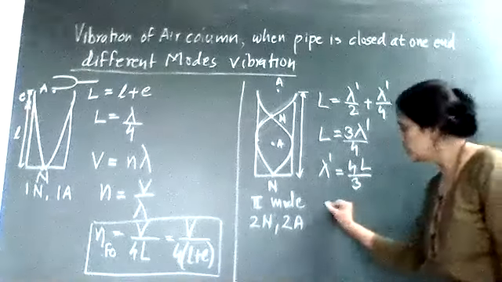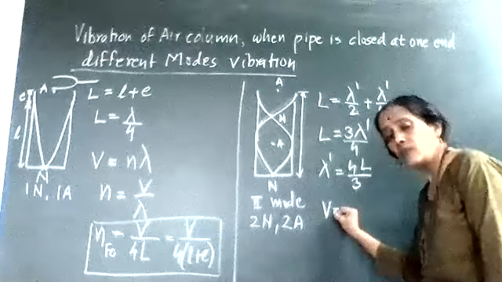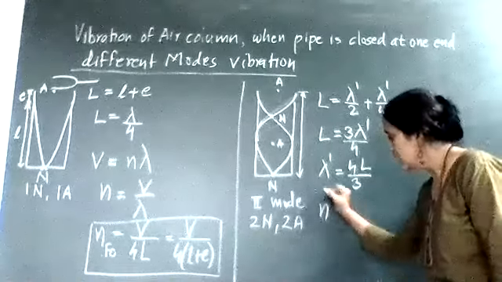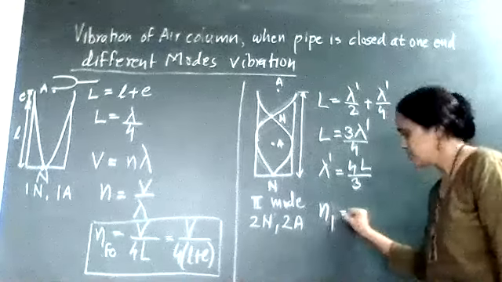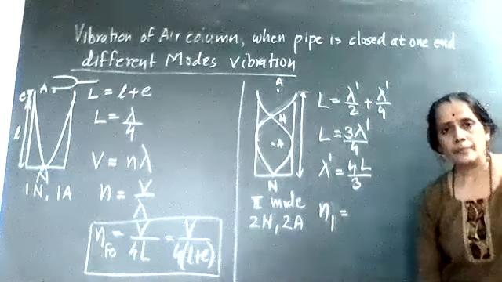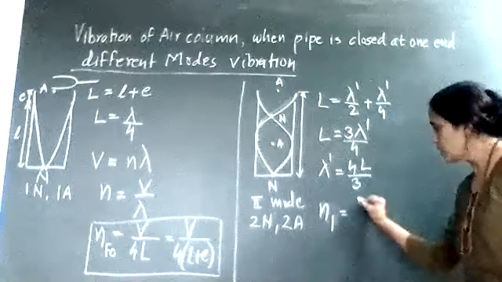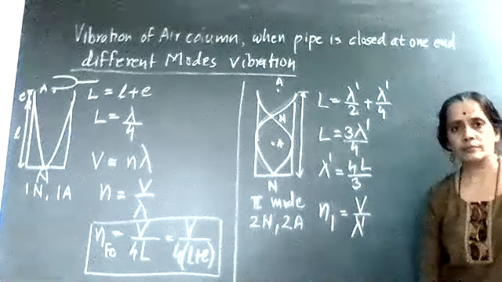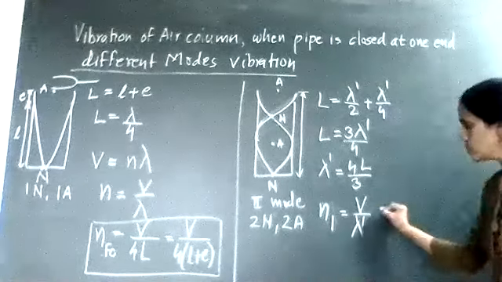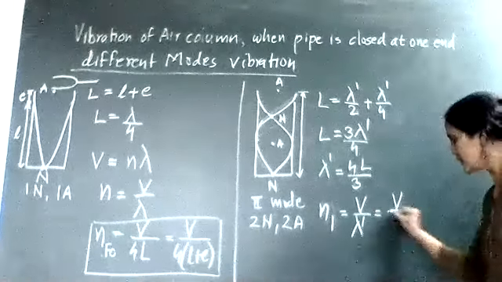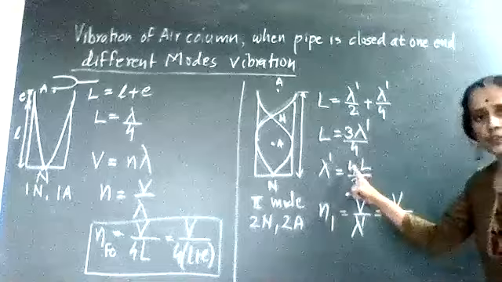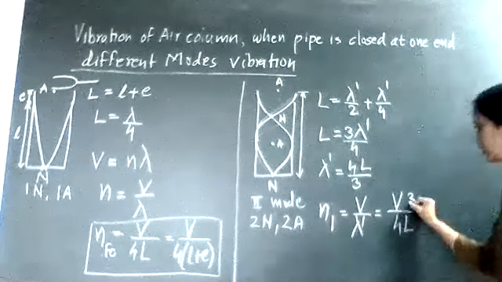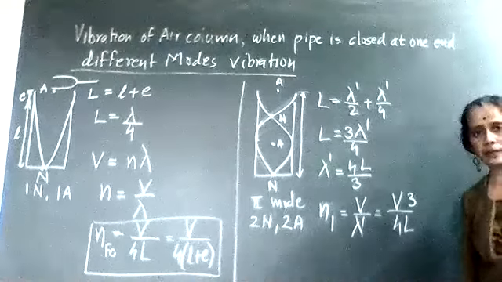Now this lambda dash value I can substitute in the frequency formula. What is your frequency formula? I can say frequency N1 is equal to V upon lambda dash. Get it? So V upon lambda dash, where the lambda dash value is 4L by 3. So the factor 3 goes to the numerator.